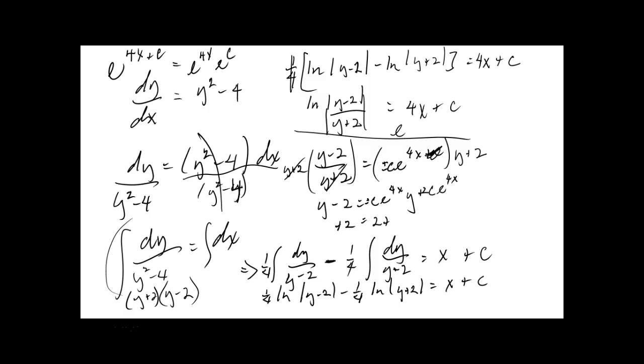So when you add 2 to it, then you lose this and you get 2 plus or minus c e to the 4x, which you could then write y is equal to 2 plus c e to the 4x, or y is equal to 2 minus c e to the 4x.